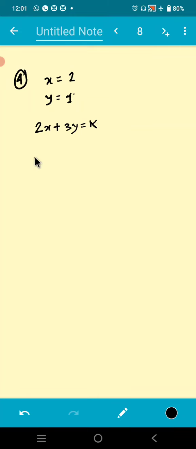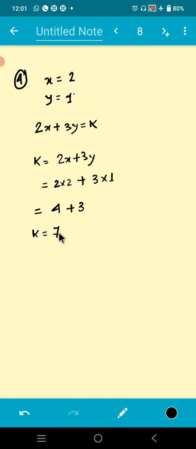So this equation we can write in this format also, that is k is equal to 2x plus 3y. Now in place of x we'll substitute 2, and in place of y we'll write 1. So 2 2s are 4 and 3 1s are 3. So the value of k would be equal to 7. So this is your final answer.